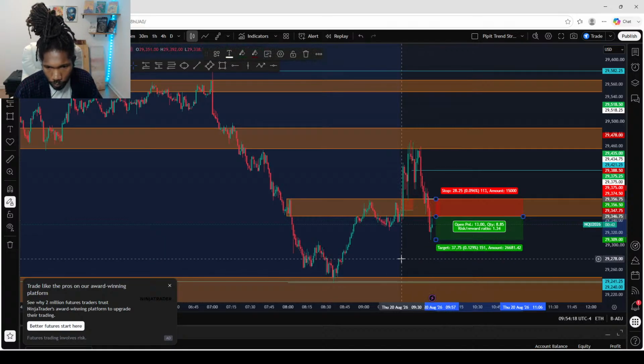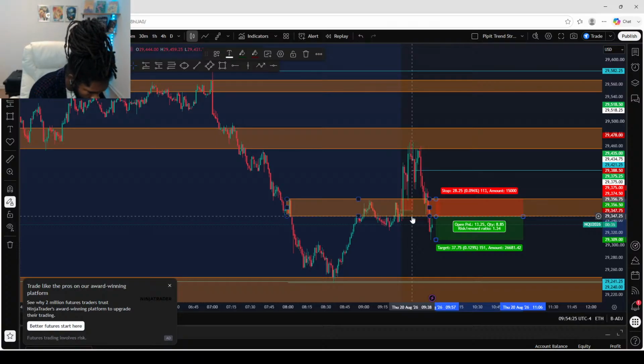So entry at 34725, 347, entry will be right there for the sell.